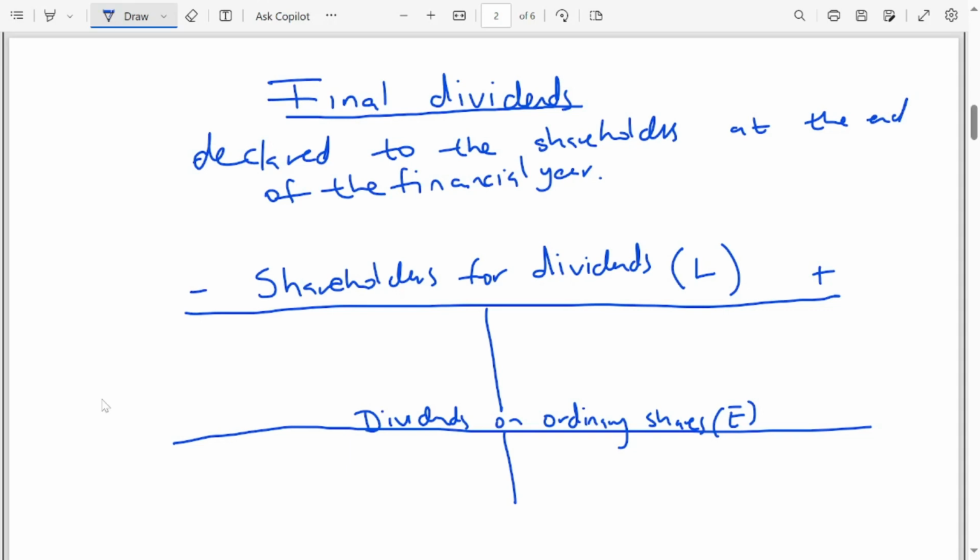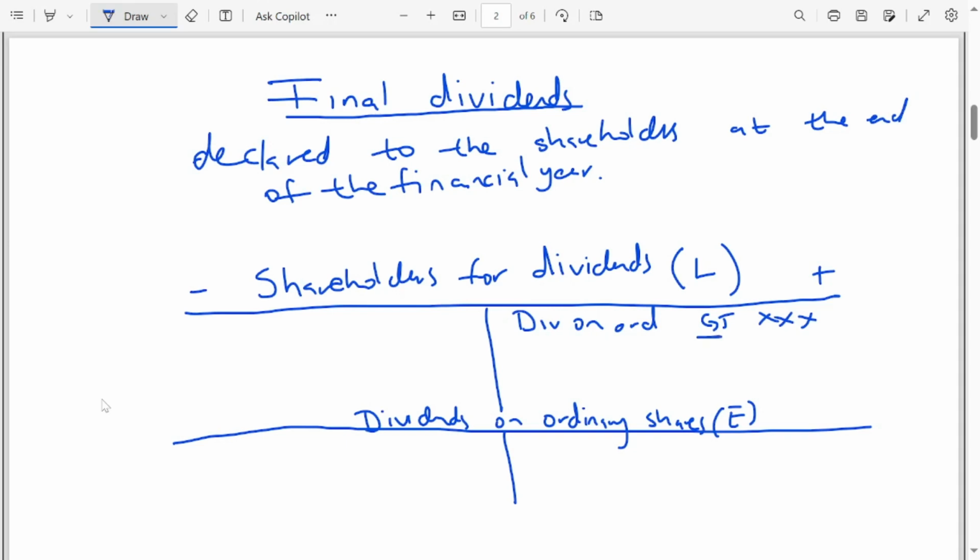Okay? So the way we're going to record this is: dividends on ordinary shares. The journal here is going to be the GJ, the general journal. Why are we writing GJ? It is because no payment is made here. So if you can check here, no other journal is going to affect this.